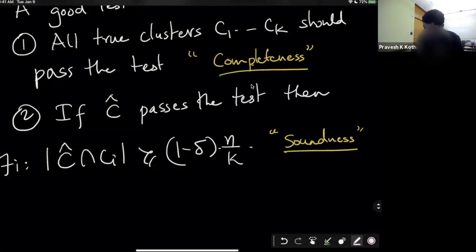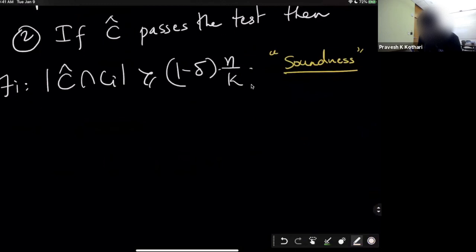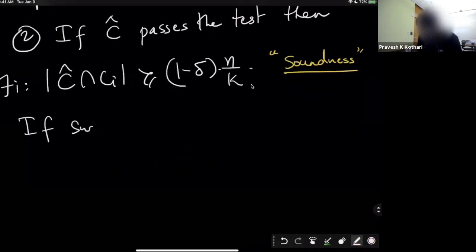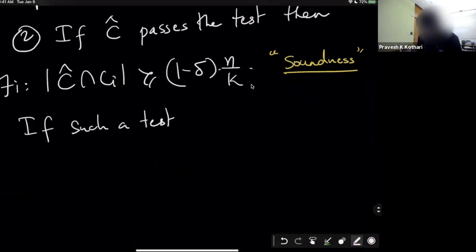And if such a test exists, then what happens? Well, it's not clear at all how it relates to our goal of designing algorithms.